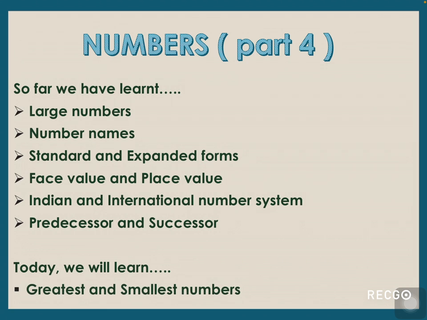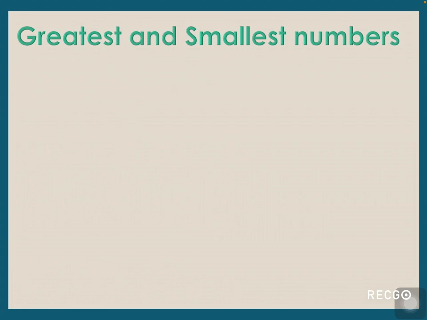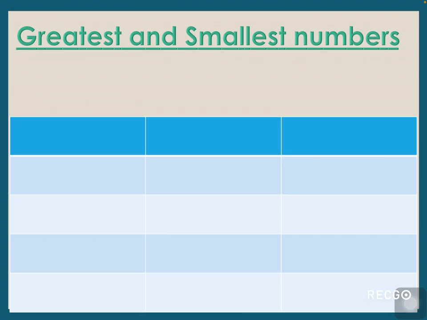Right, let's begin then. First of all, we'll see the greatest and smallest numbers of digit numbers, say 1 digit, 2 digit, 4 digit, right? So in the given table, let me write first digits, like number of digits, then smallest number. See, when we start counting, we naturally count with 1.